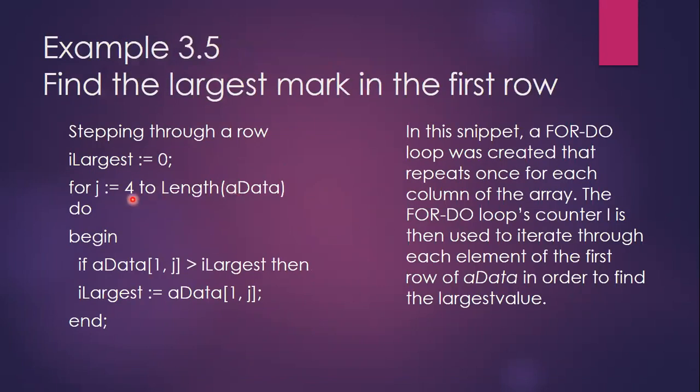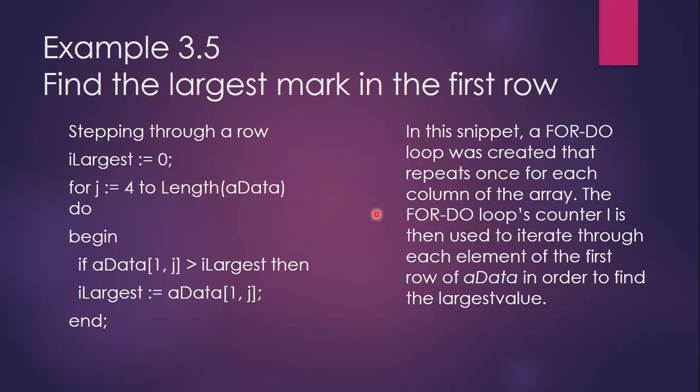So from column 4 to length 2, however many columns it is. And I'm going to read A data. Begin, if A data from position 1 and whatever J was is greater than I largest, then go and assign that into I largest. So in the snippet, a for-do loop was created that repeats once for every column of the array. This is going to basically just loop through the columns.